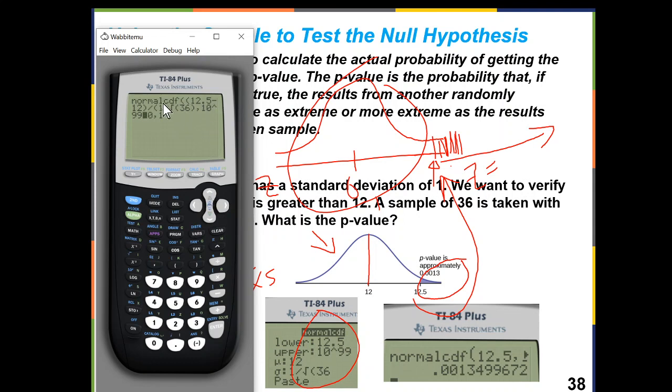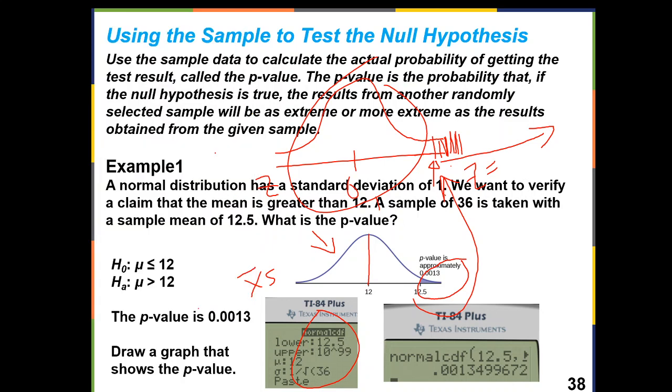So that's the numerator divided by the denominator. I need another parenthesis there, so let me insert the parentheses. You don't have to do it this way. You could just calculate that number and put it there, but you get the same answer, right? That's what I mean. So this area is the same as that area, but we would rather do it this way because with t, we don't have this luxury of working with the original distribution.